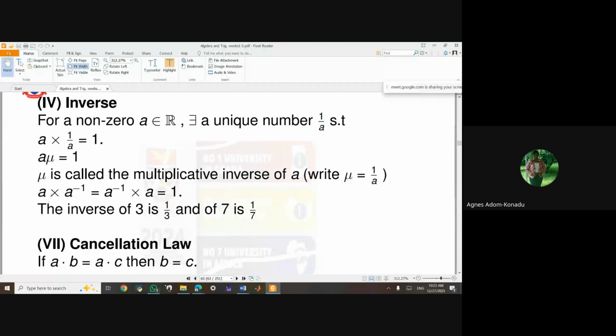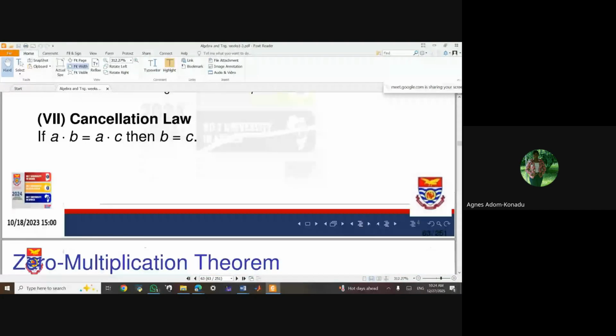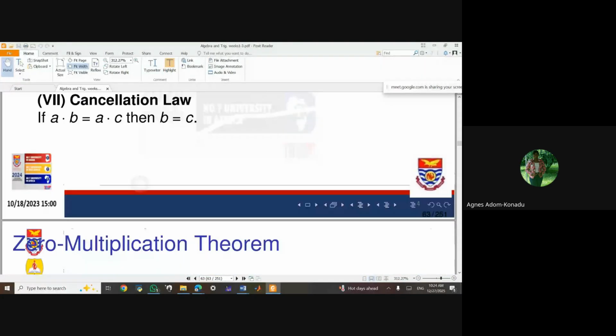So if I have 3, the multiplicative inverse is 1 over 3. The multiplicative inverse of 7 is 1 over 7. Then we also have the cancellation law. If I have a dot b is equal to a dot c, then I can cancel out a to get b is equal to c.